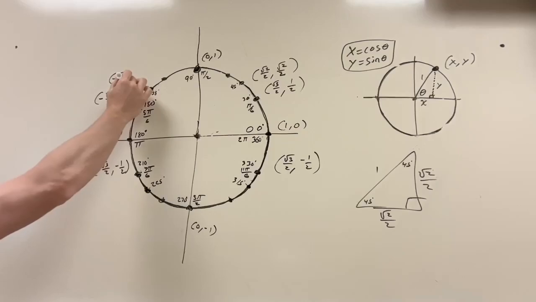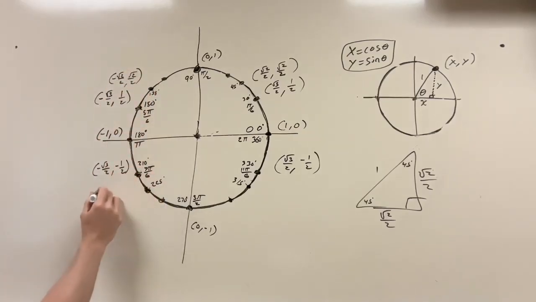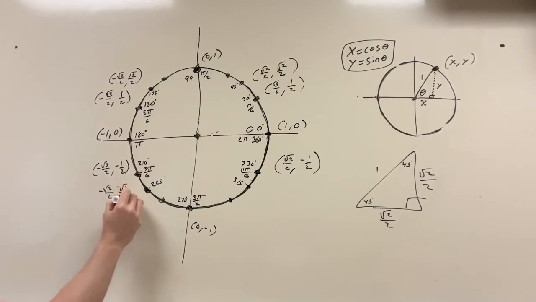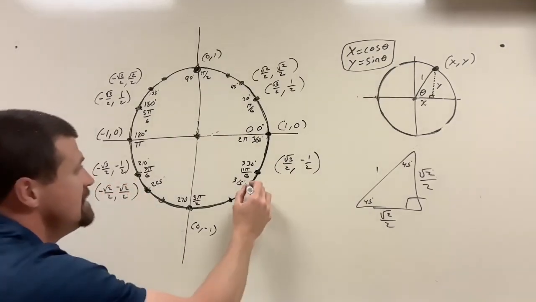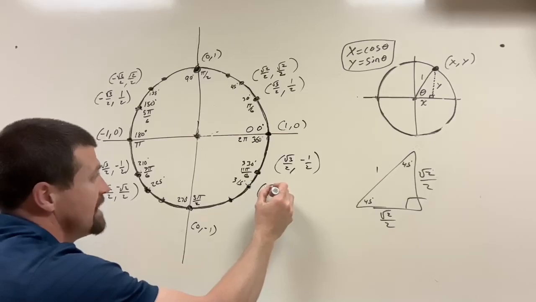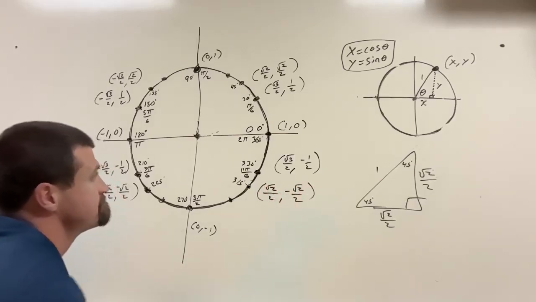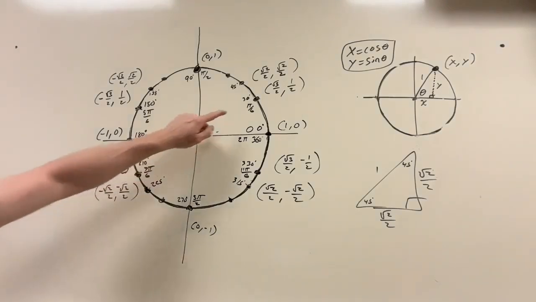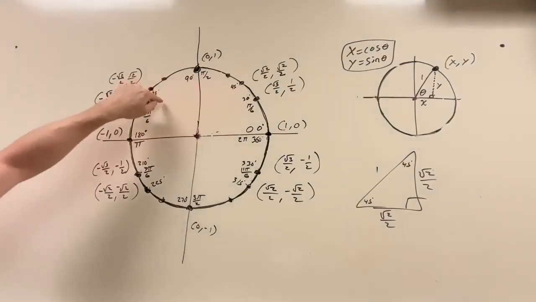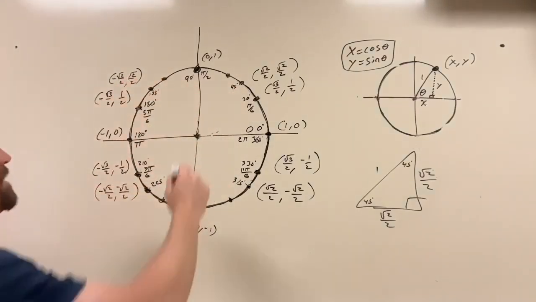All of these have a negative x and a positive y because they're in the second quadrant. These all have a negative x and a negative y because they're in the third quadrant. And these have a positive x and a negative y. Okay? The radian measure of these four angles all have denominator 4.